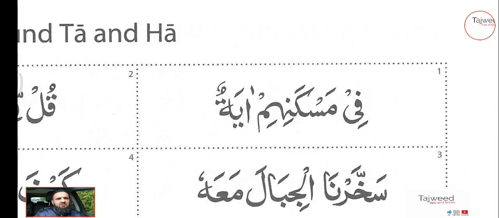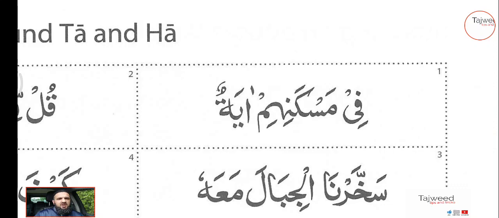So we have an example here, the first one, box number 1. At the end it says ayatun. If we start from that hamza, because it's got a standing fatha, ayatun, how do we stop on that? It's very simple.